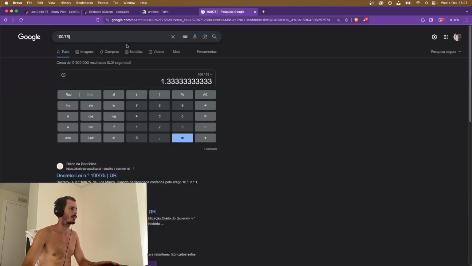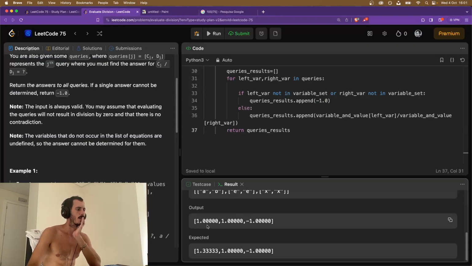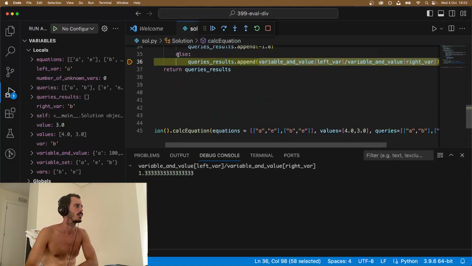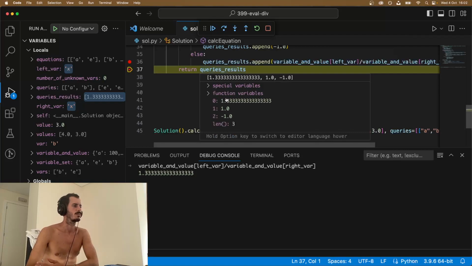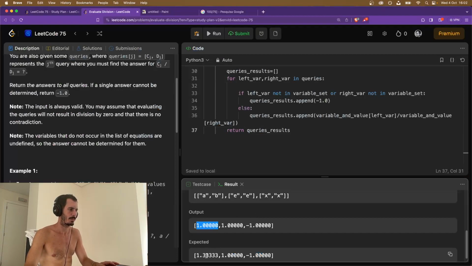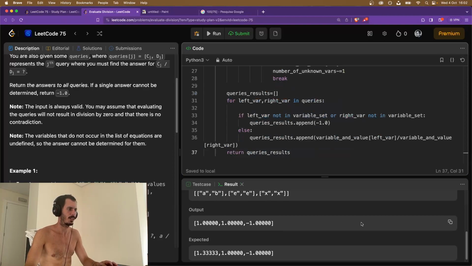Wait, yeah, right? So how did it output 1? The hell? Expected 1.333.